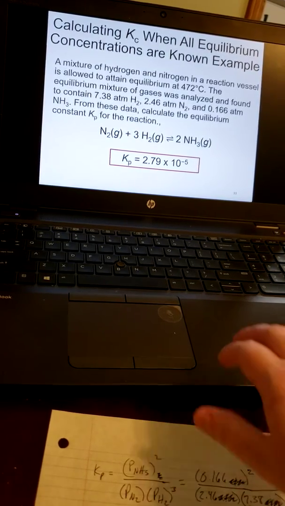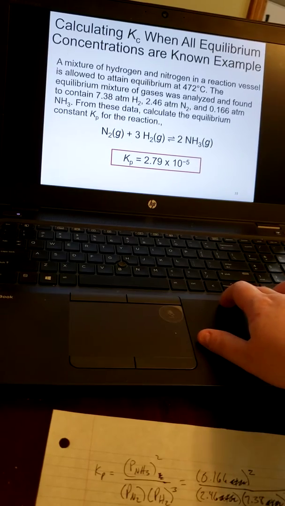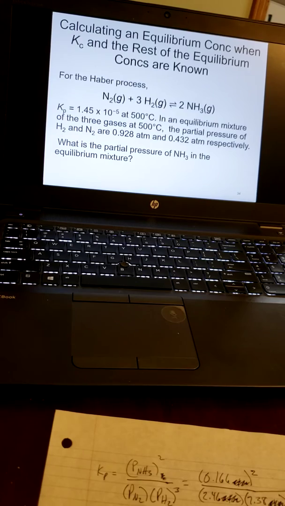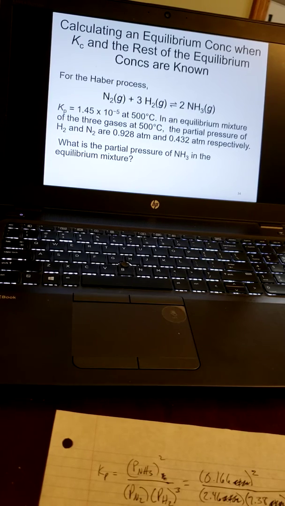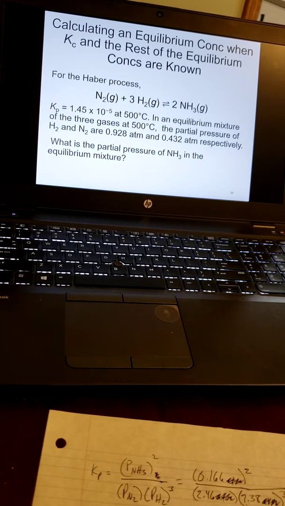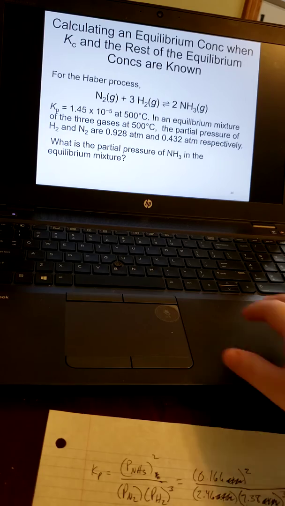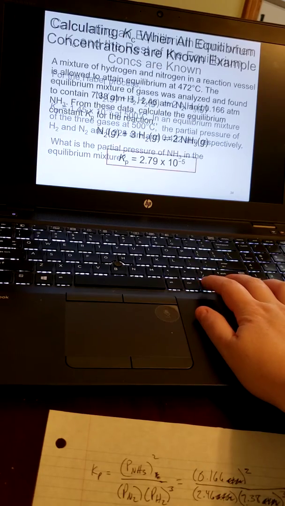All right, so let's look at another example. What about this one? Here, same equation, Haber process again, the production of ammonia from nitrogen and hydrogen. But in this case, they gave us Kp, and they're telling us that, again, we have an equilibrium mixture. Notice the temperature has changed, but what else changed? Let's go back a question.